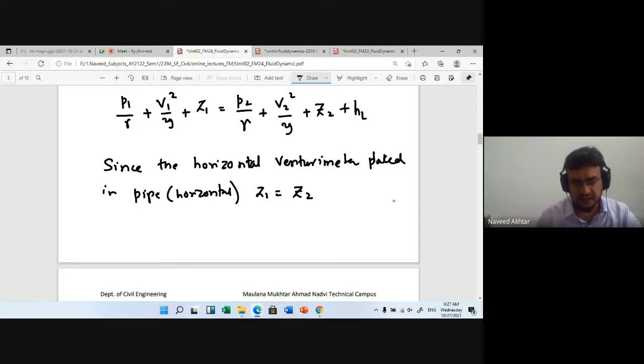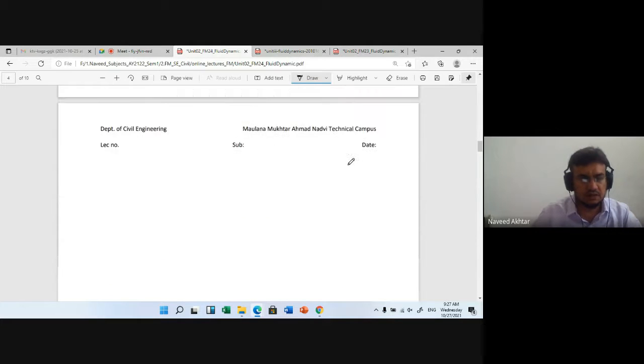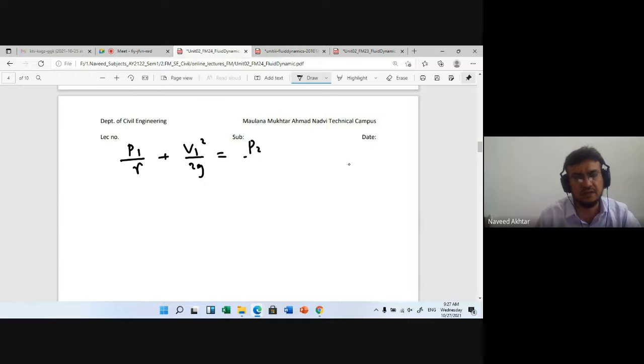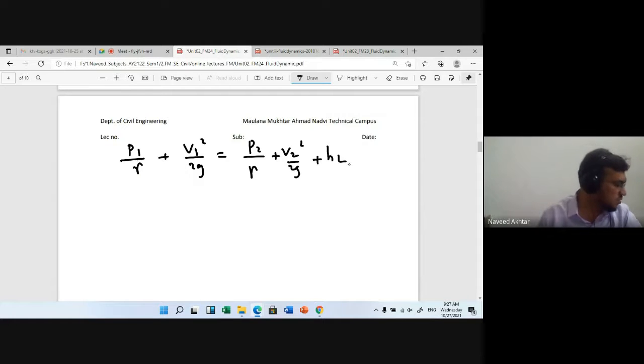The modified equation is P1 by gamma plus V1 square by 2g is equal to P2 upon gamma plus V2 square by 2g plus head loss. Now you put the values.